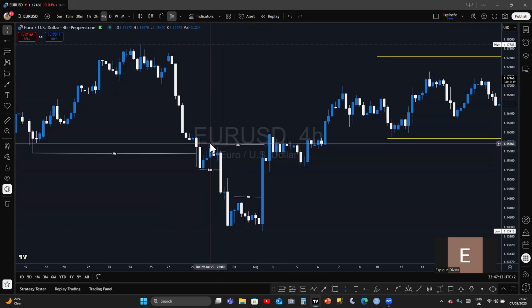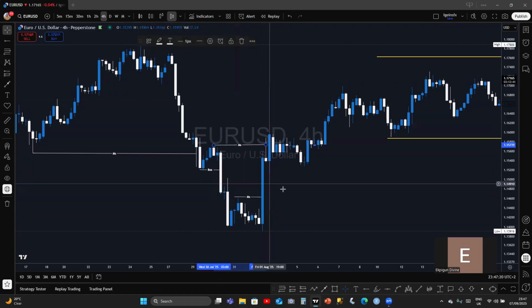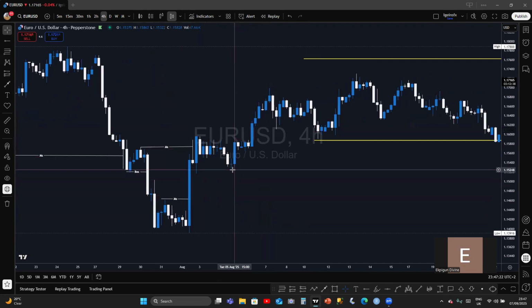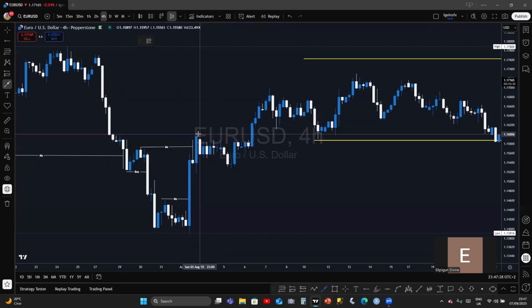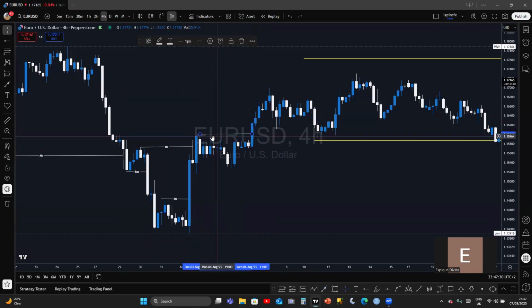This is our resistance level. Now, when you see price pushing above this level, you mark this place as a market shift. After this market shift, price pullback created a support here before it pushed to the upside, giving us a break of structure here.